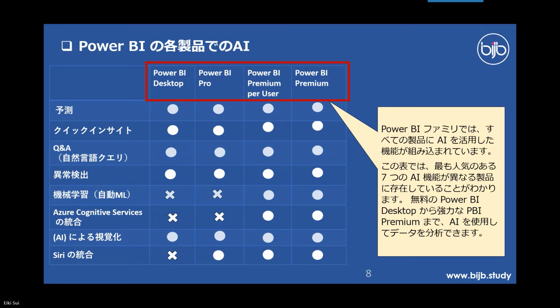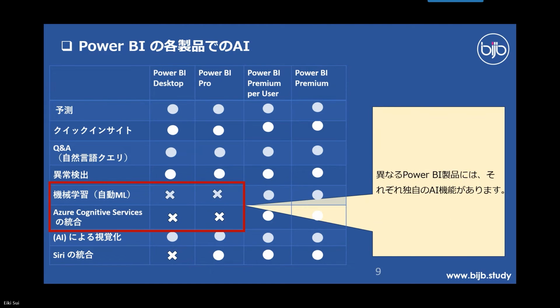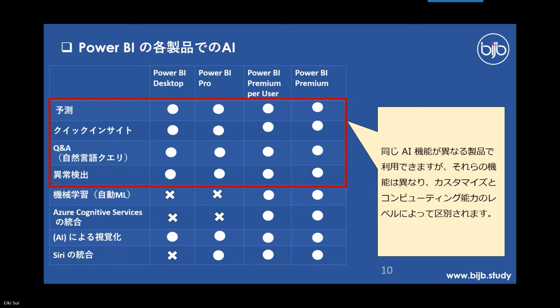You can use AI to analyze your data. Different Power BI products have their own features. When the same AI feature is available in different products, they have different abilities. They are separated by the level of customization and computing power.